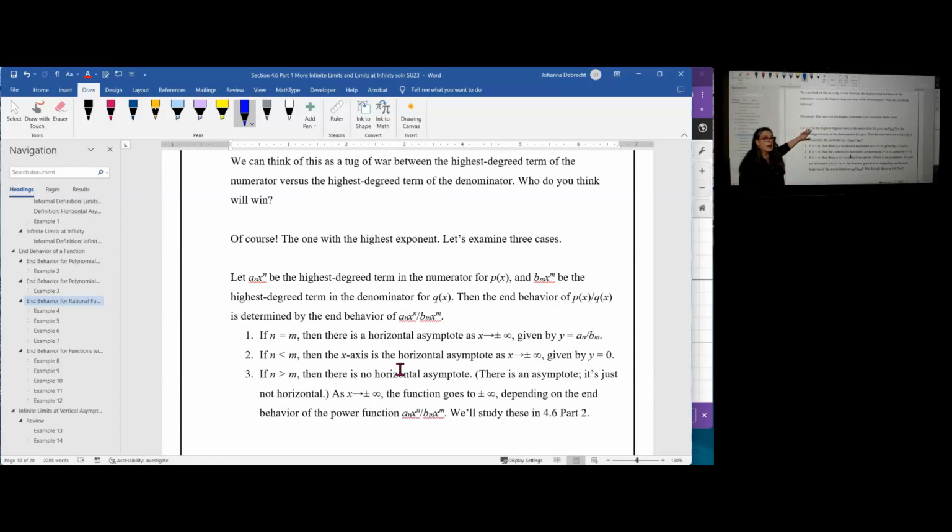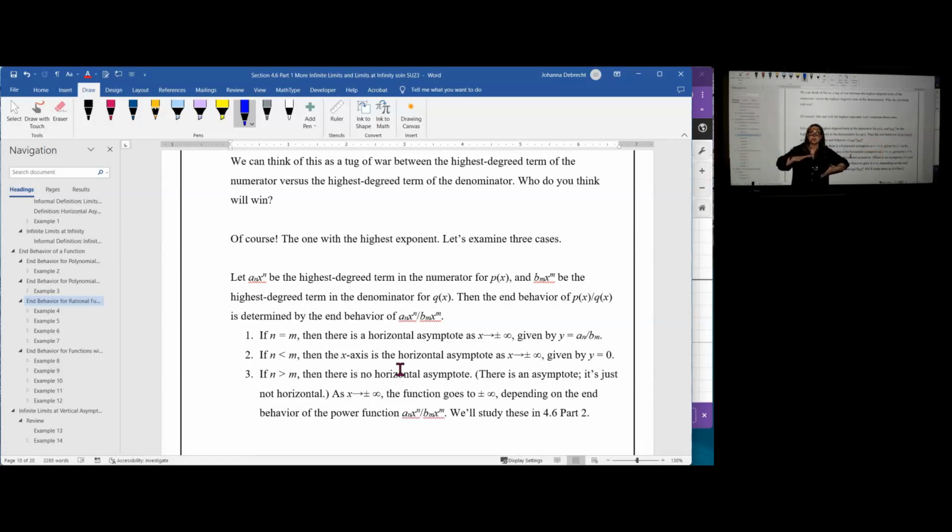If a sub n x to the n is the highest degree term in the numerator and b sub m x to the m is the highest degree term in the denominator, what becomes the end behavior? If they're both to the same power, they're both x squared, or they're both x cubed, or they're both x to the 42nd, then they will cancel in the ratio of the highest degree terms, and we'll get a constant, meaning that we get a horizontal asymptote, both to the right and to the left.